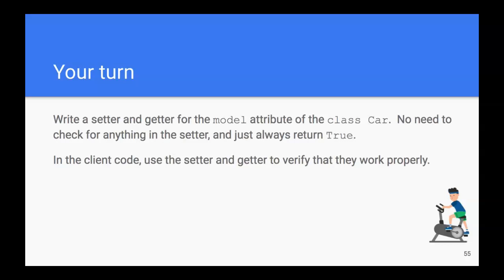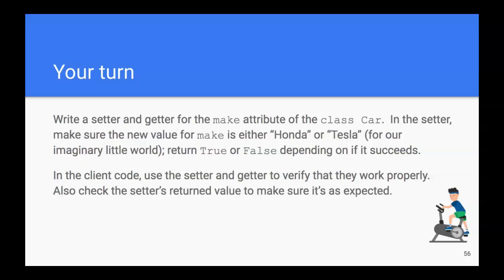Okay, assuming you have done that, it should be very straightforward. I have something slightly more challenging for you. Write a setter and getter pair for the make attribute. Now, in this setter, let's do something a little more elaborate. Let's make sure the new value for make is either Honda or Tesla.